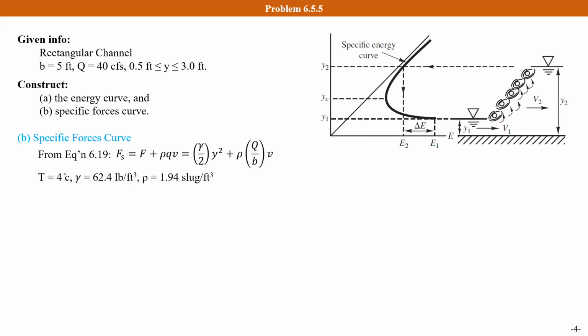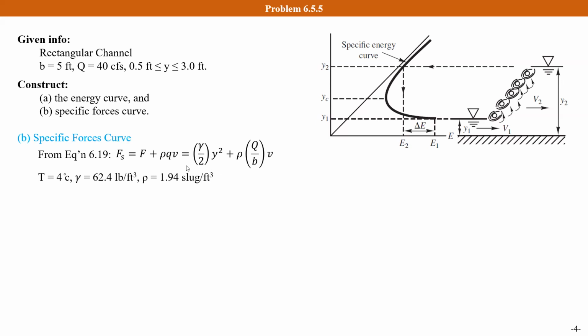We assume that the water temperature is 4 degrees Celsius. Therefore, the specific weight, gamma, equals 62.4 pounds per cubic foot, and the water density equals 1.94 slug per cubic foot.